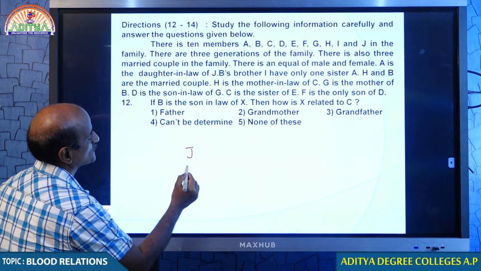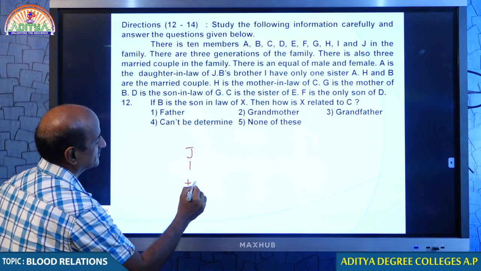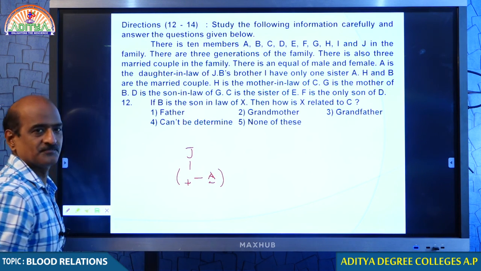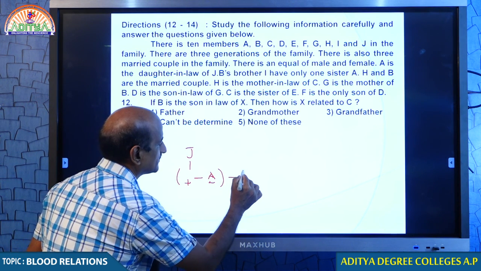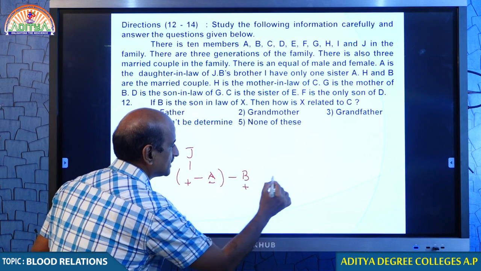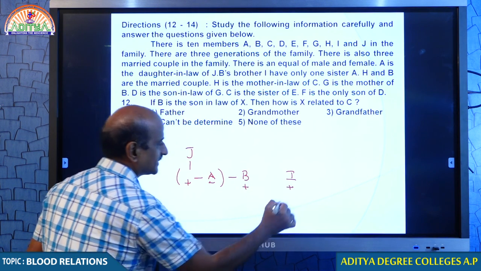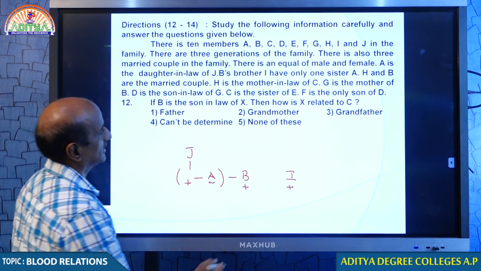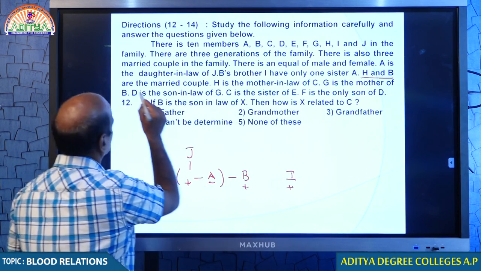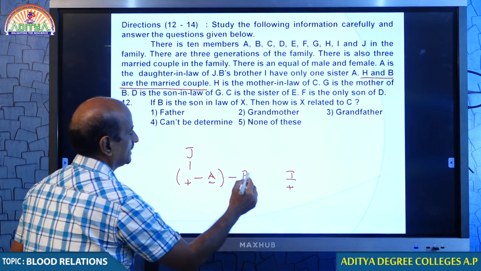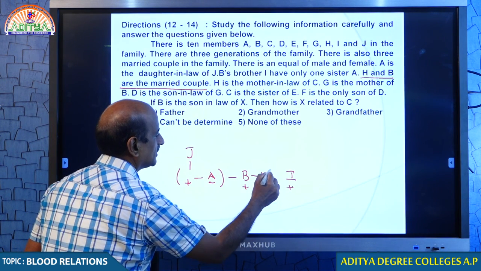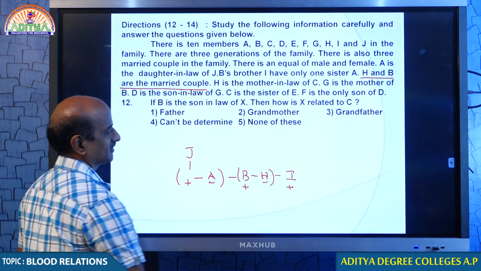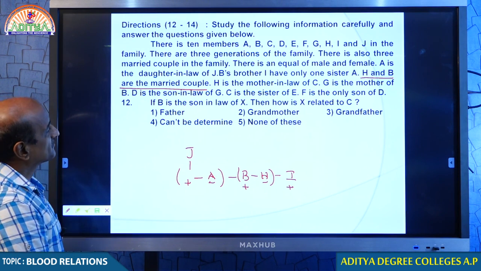Here is J. J is having a son and the son got married to a lady called A. Here is B and B's brother is I. You know that, we just discussed. H and B are married couple. There are 3 married couples, already we got 2 married couples. Let us see one by one.